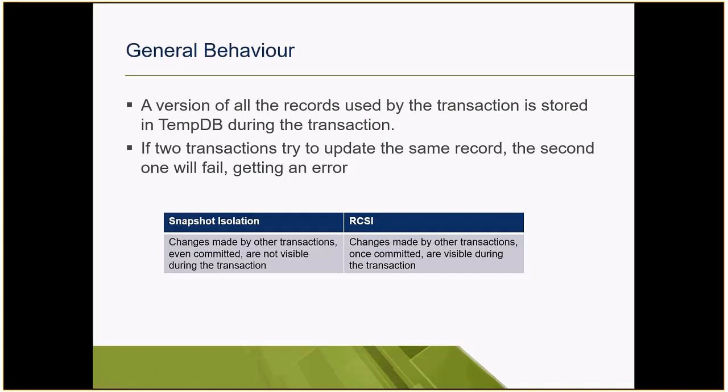Using the snapshot isolation level, transaction B can't see the information committed by transaction A, because there is a consistency according to the beginning of transaction B. No change after the beginning of transaction B will be visible during the transaction.